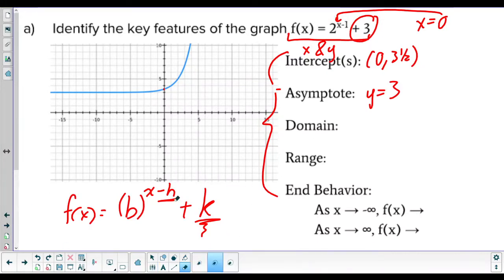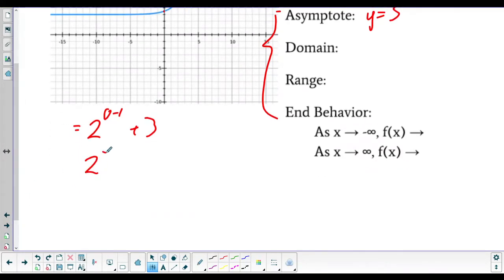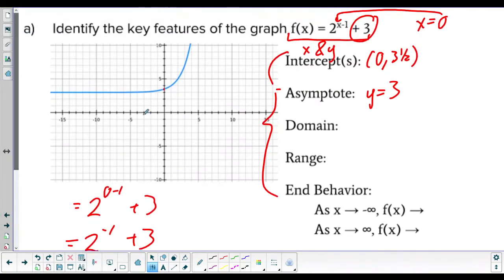So if we do that for ours, it'll be 2 to the power of 0 minus 1 plus 3. 0 minus 1 is negative 1. So we have 2 to the negative 1 plus 3. And 2 to the negative 1 is the same as 1/2. So 1/2 plus 3 is 3.5. And we can see our intercept. That's our only intercept. It will never touch the x-axis.